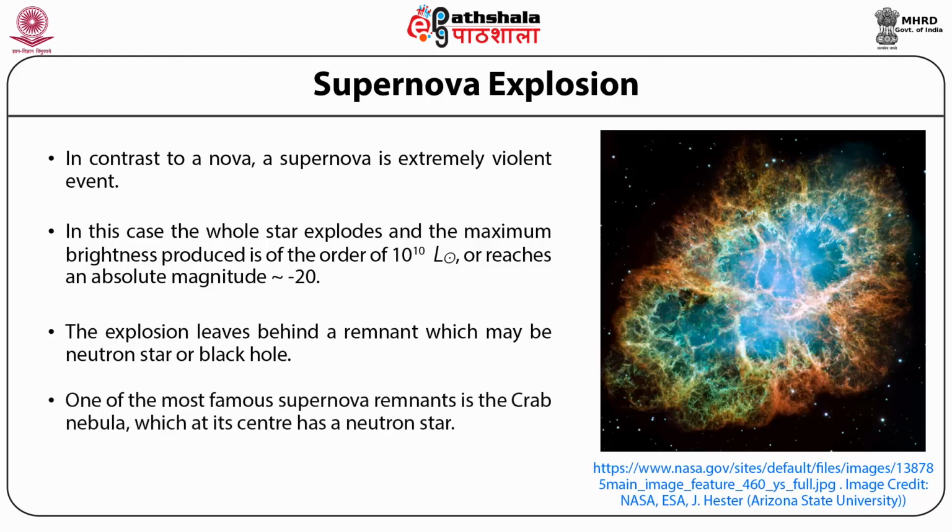One of the most famous supernova remnants is the Crab Nebula, which at its center has a neutron star. Here the figure shown is the remnant of the supernova explosion that took place in 1054. At the center of the nebula lies a neutron star, which is the famous Crab pulsar.